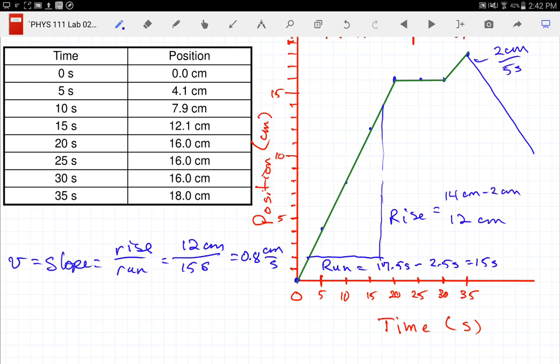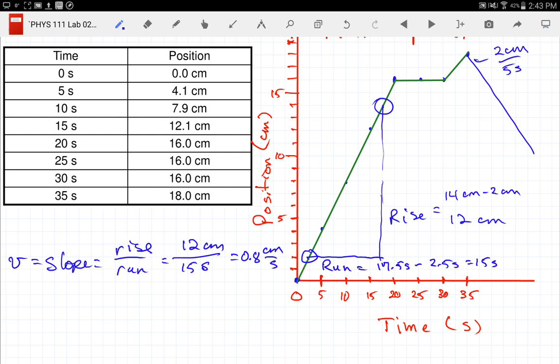So I chose one that was fairly easy to read that was close to the bottom end, and one that was fairly easy to read that was close to the top end. In fact, I chose the points that were as far away as possible, not data points, and easy to read. And that's basically what you should always do. Choose the ones as far apart as possible that are easy to read and not data points.